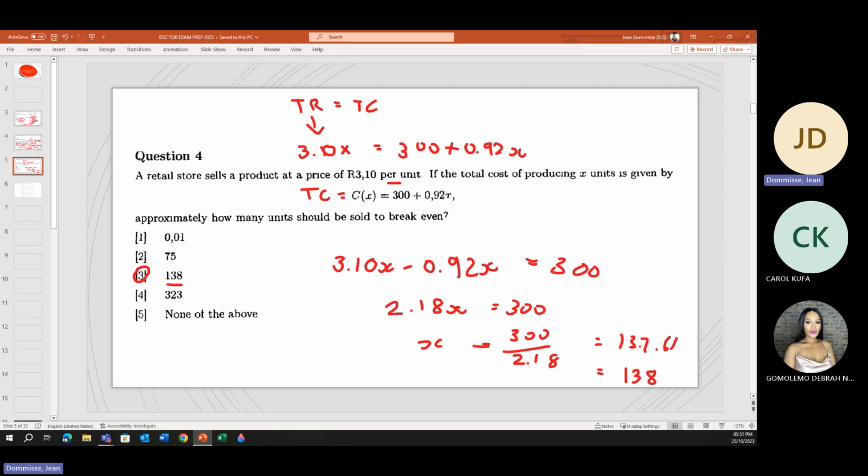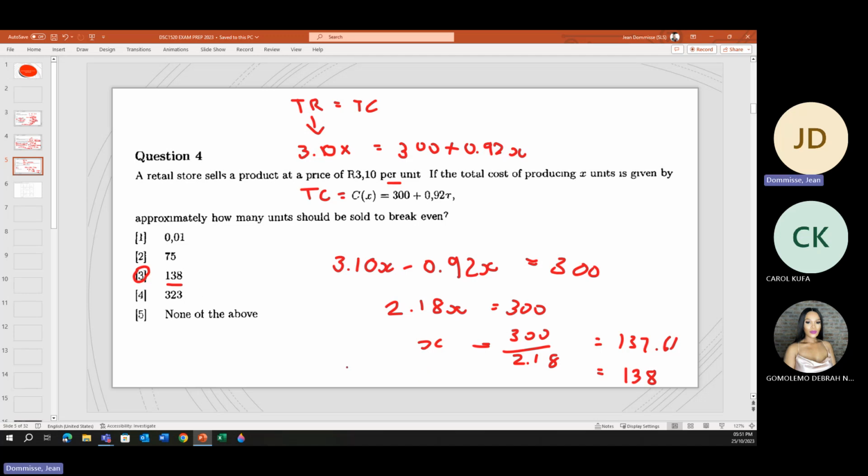So it will definitely be clear that you need to maybe round it up so that you can sell that extra unit. But again, if there was a 137 and not a 138, that will also be fine. Okay, so they will not give you both 137 and 138 as options.